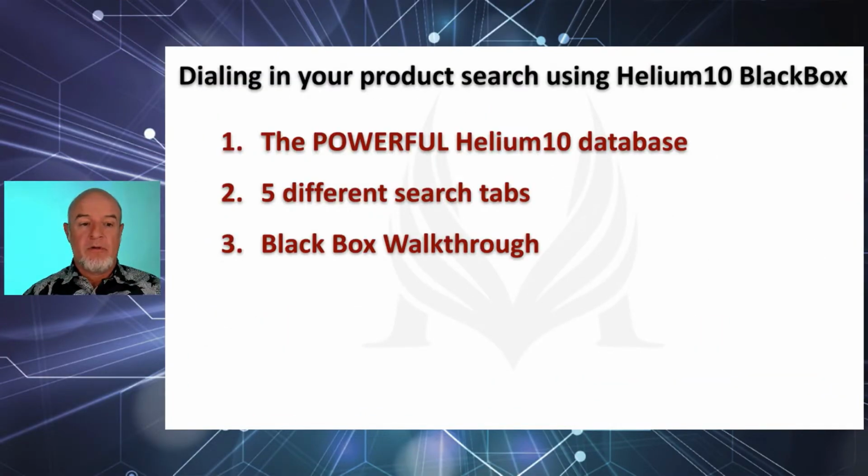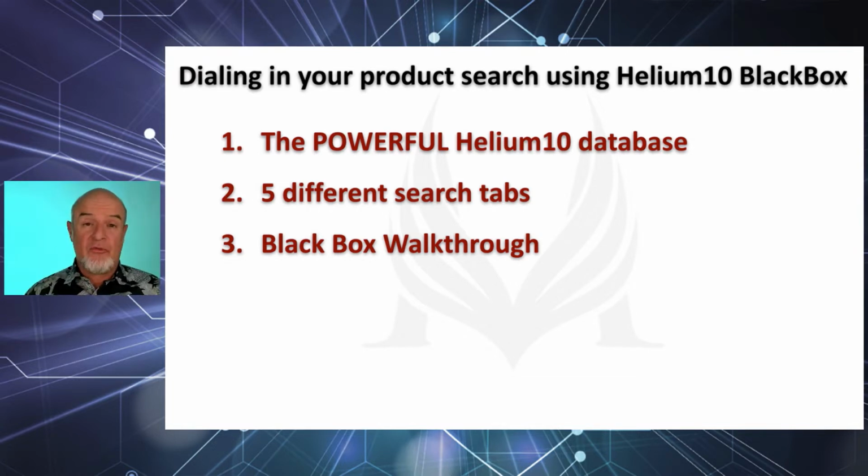So, 3 points to this one for dialing in your product search using Helium10 black box. First, the powerful Helium10 database. I'm going to talk about that a bit, okay? Second, I'm going to introduce you to the 5 different search tabs and go through each one and explain how to use each individually, at what times in your product hunting and niche hunting you want to use each of those tabs.